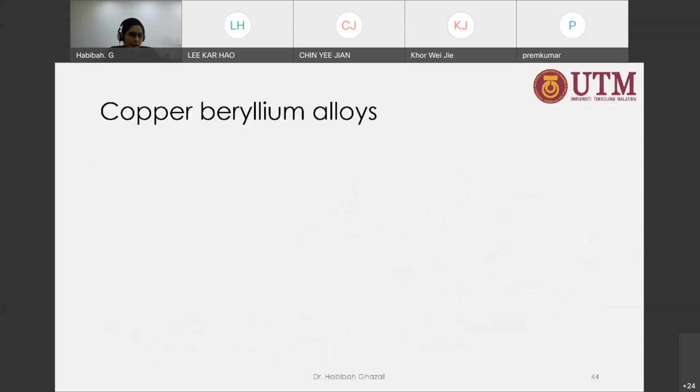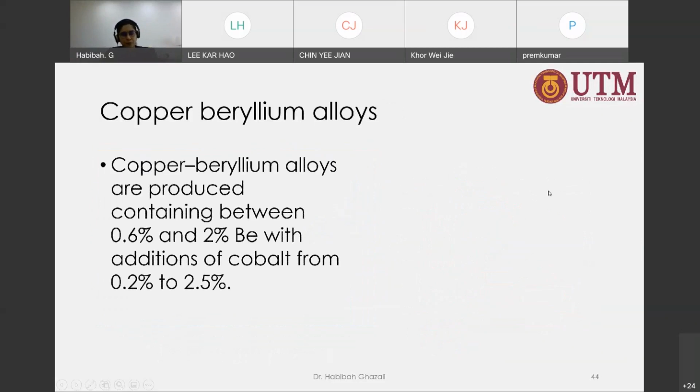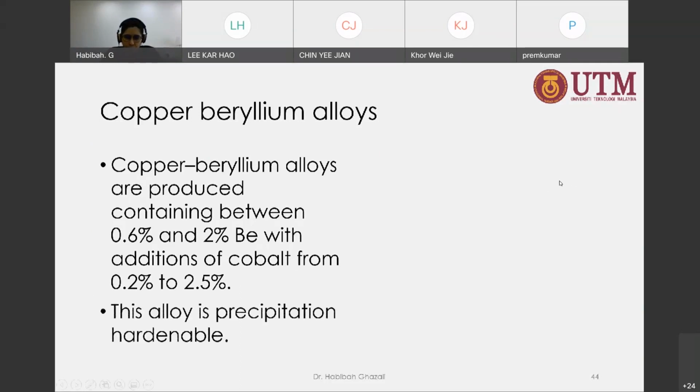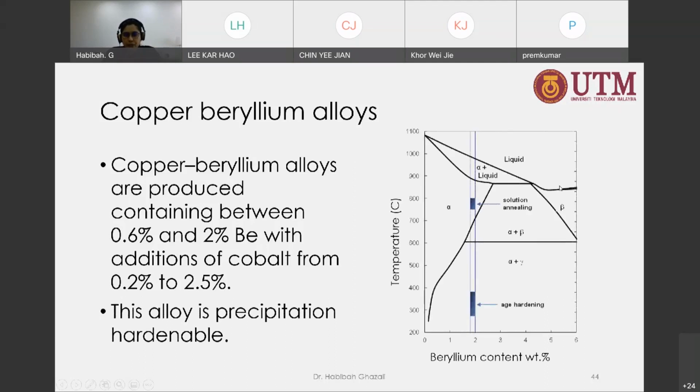All right, and then we have a new generation of copper alloy, which is copper beryllium. This is produced with around 0.2 to 0.6% of beryllium and also some percentage of cobalt. This alloy can undergo a precipitation hardening heat treatment process.